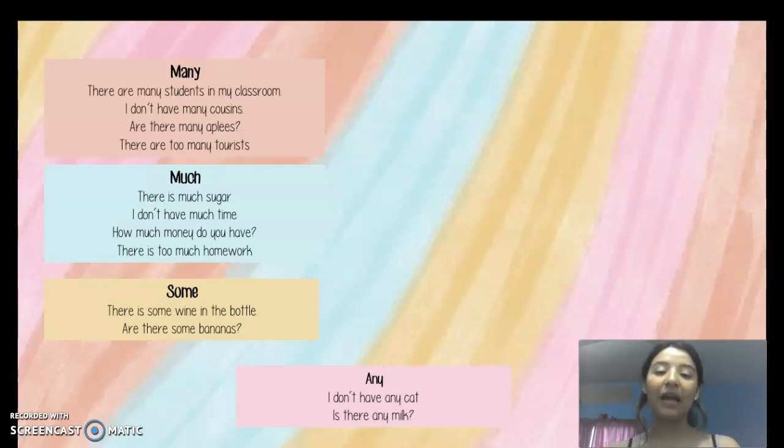And the meaning of any is the same as some: indefinite quantity of something that is limited. I don't have any cat, and is there any milk?